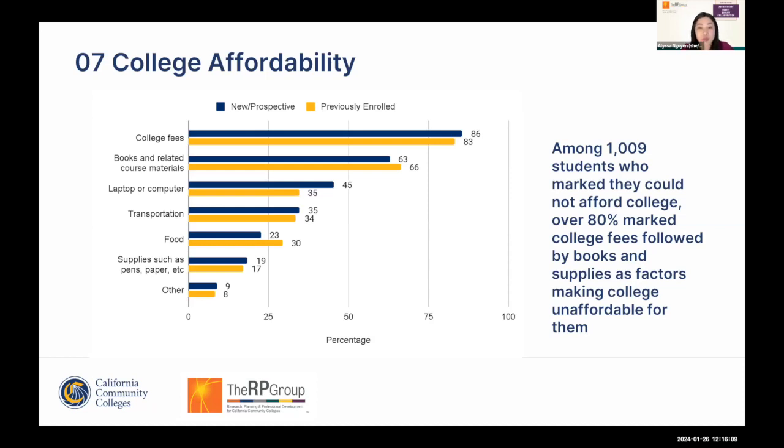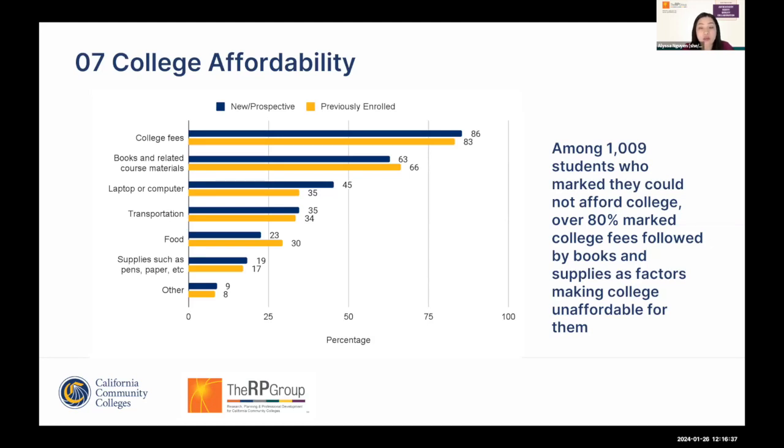So among students who indicated they couldn't afford college at the time, and that is over 1,000 students who indicated so, the following survey items that we'll be sharing tap into the reasons that they feel college is unaffordable, and then the following slide will share some information about how they plan or previously had paid for their education.